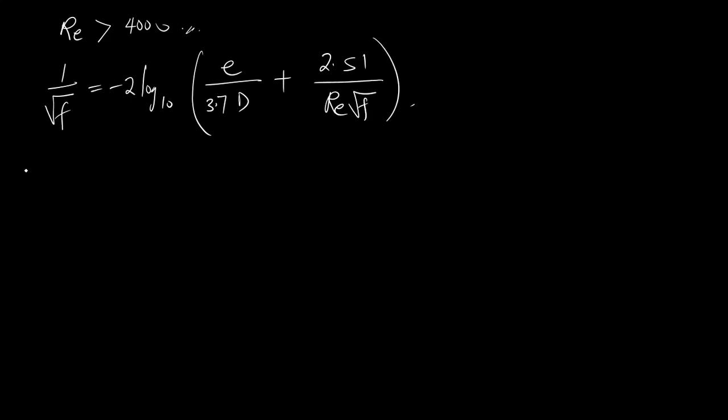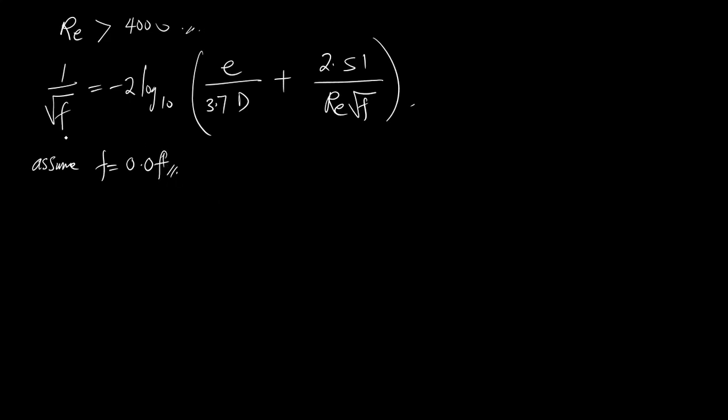Now let's assume F is equal to 0.01. Now let's solve for X in the left hand side. We substitute F equal to 0.01 in the right hand side.